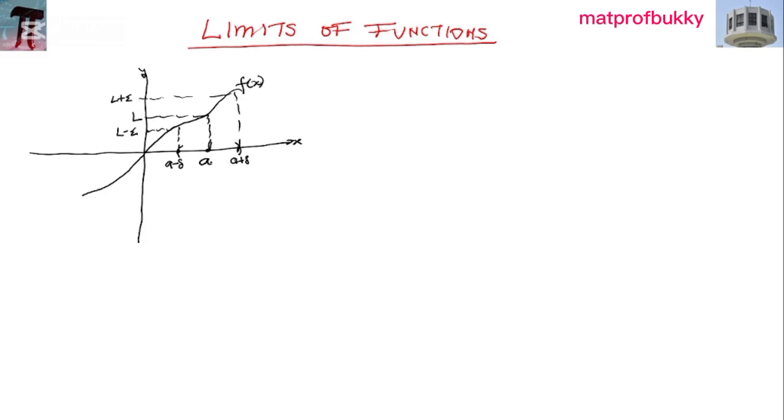Now for any point x that you pick on the x-axis within this interval, as the number approaches A from the left or from the right, you also have a corresponding shift in the value of the function on the y-axis.